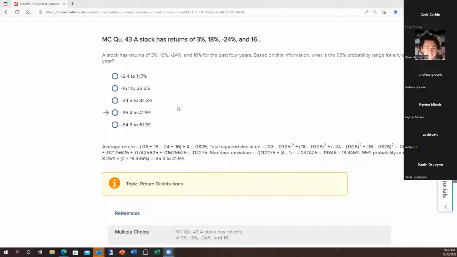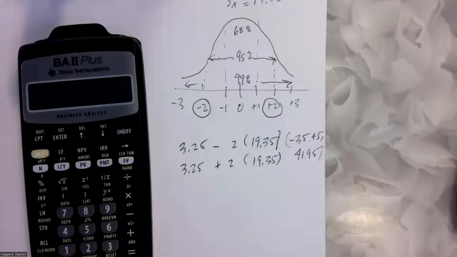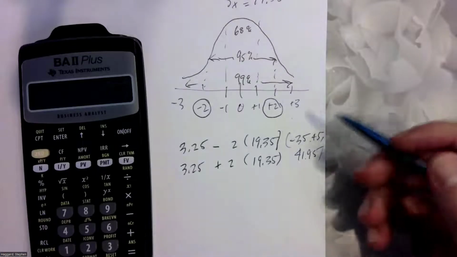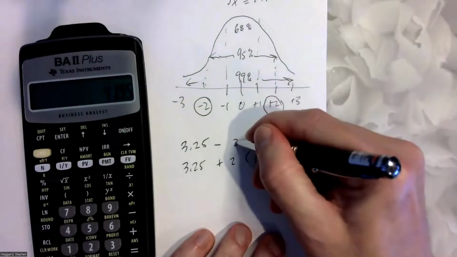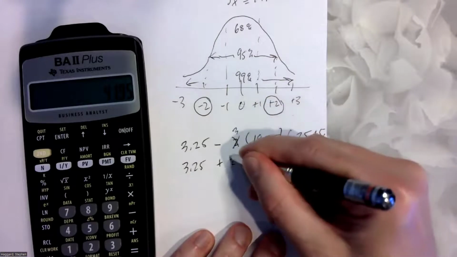So to clarify, if the question had asked what is the 99% probability, or if we had found that the standard deviation was 3 away from the normal, instead of multiplying by 2, would we have multiplied by 3? Yes. If they had asked instead for the 99%, you would have just exchanged this out for the 3.